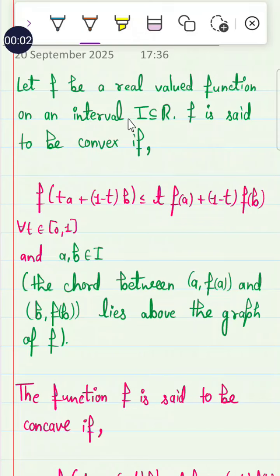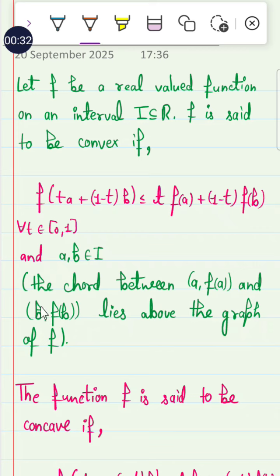Now today we have discussed the functions which are convex on an interval and concave on an interval, right? Let f be a real valued function on an interval I which is contained in R. f is said to be convex if, on this line segment, this is the equation of the line segment, the function's value on the line segment is always less than or equal to t f of a plus 1 minus t f of b.